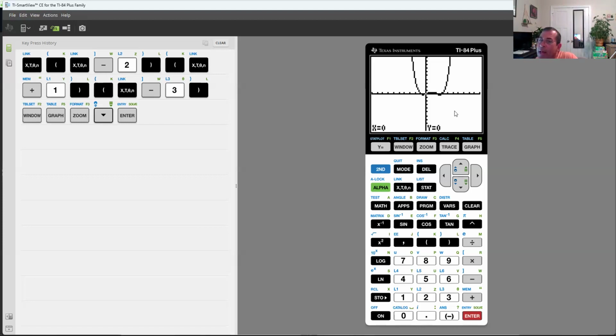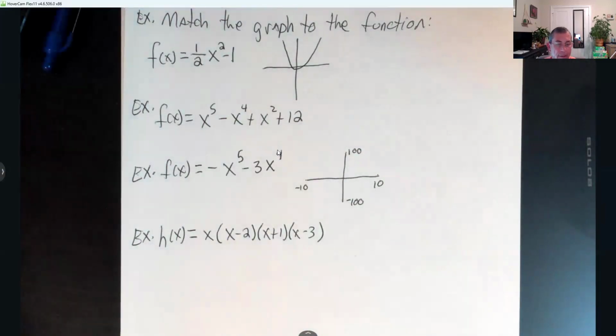It's crossing over the x-axis because all those multiplicities are odd. Also, that is basically your 8-1 and 8-2.